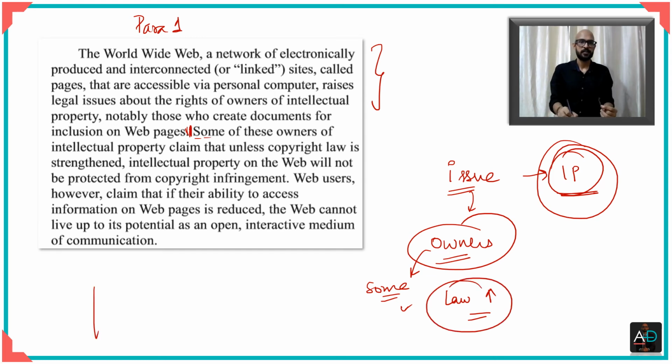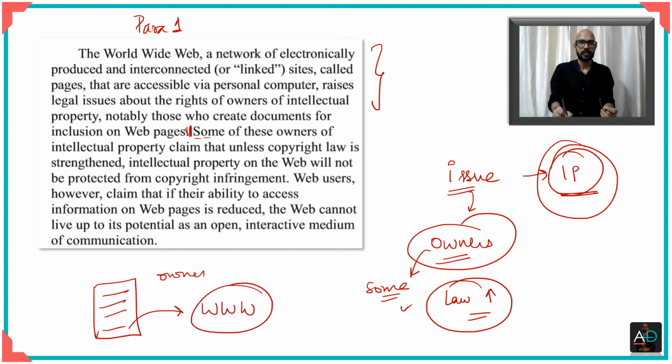Which means that let us say there is an owner, the owner creates a document and he puts it on the World Wide Web. Now somebody takes it from him. That's copyright infringement. Of course, it is more than that, but for the sake of our present discussion, let me just call that copyright infringement. So somebody has taken somebody's intellectual property. This is what he's saying. So you can understand that from this sentence.